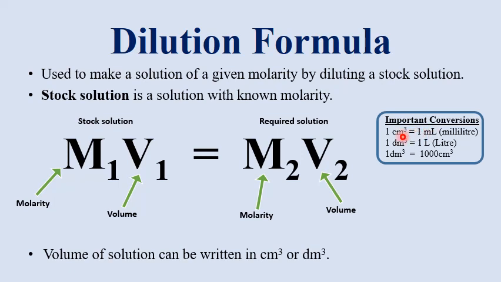In a similar way, 1 decimeter cube equals 1 liter, so decimeter cube and liter both represent the same quantity of a solution. Another important conversion is 1 decimeter cube equals 1000 centimeter cubes.